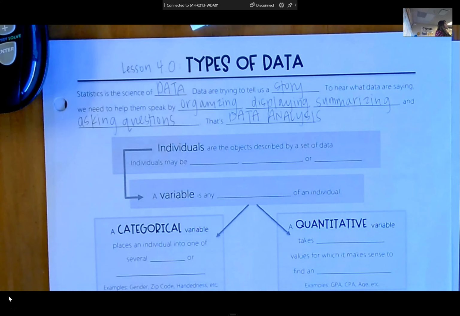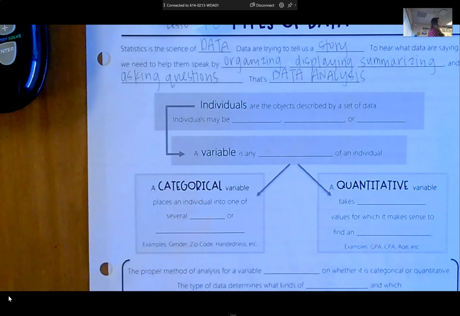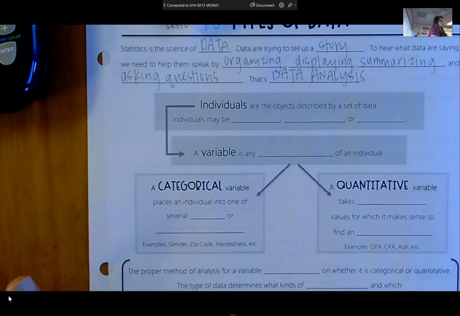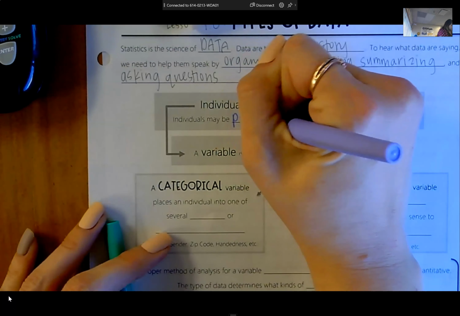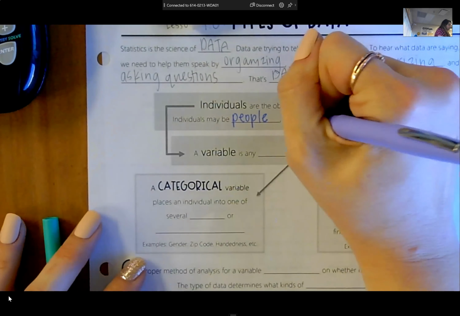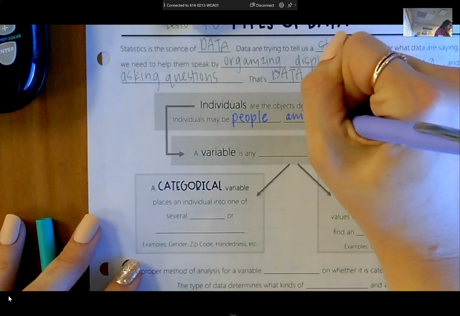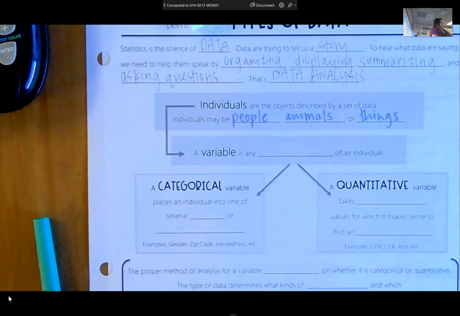Once we actually delve in and start looking at the actual data, the individuals are the things that are described by a set of data. For me, the individuals were students. Individuals may be people. They might be animals. They might be things. An individual is like a noun.